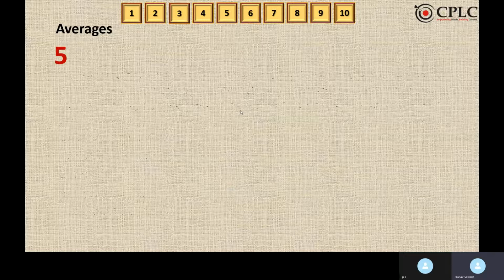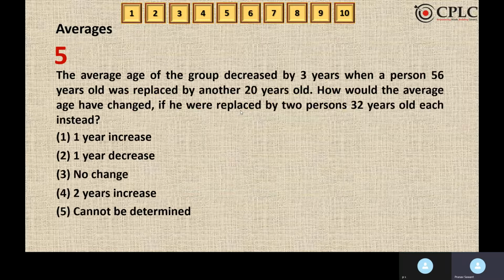The average age of the group decreased by 3 years when a person 56 years old was replaced by another 20 years old. How would the average age have changed if he were replaced by two persons 32 years old each instead? Looking at this question, we can directly mark cannot be determined as the answer because there's a rule.